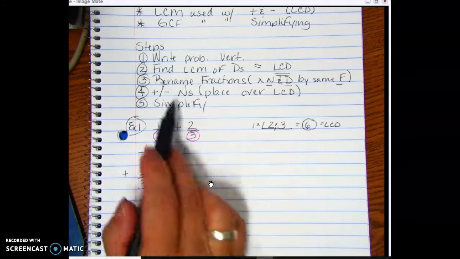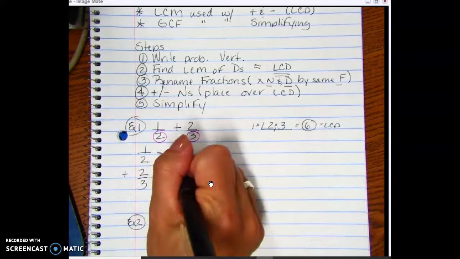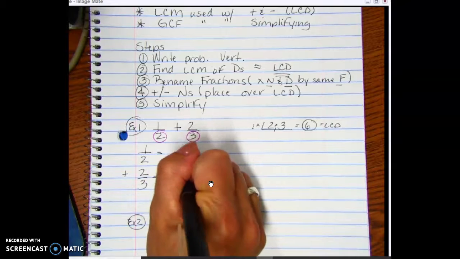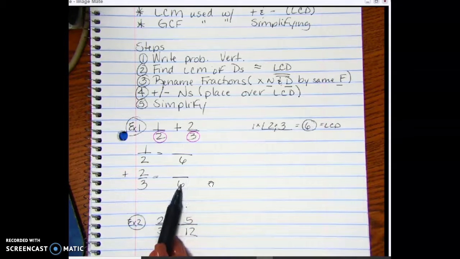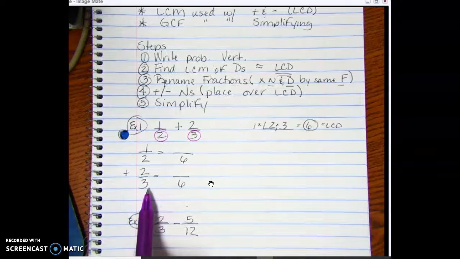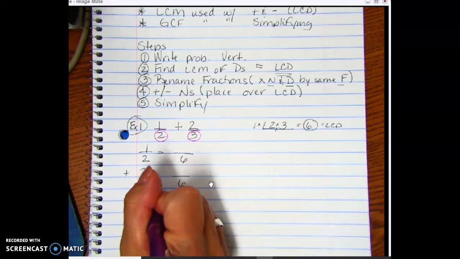So now it's time to rename your fractions. Since I know my least common denominator now, I just can go ahead and start the renaming process. I put in the least common denominator. Now I have to figure out my numerator. How do I do that? Well, I'm making equivalent fractions, something we did last week. What did I do to 3 to get 6? Multiplied by 2.